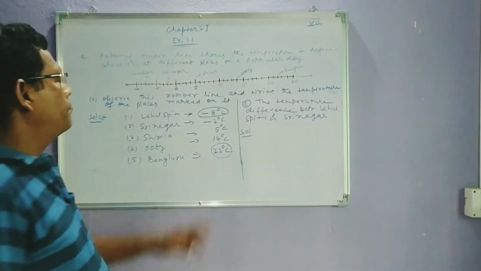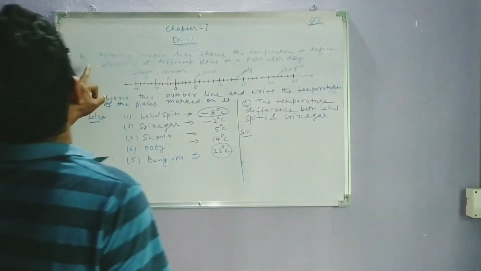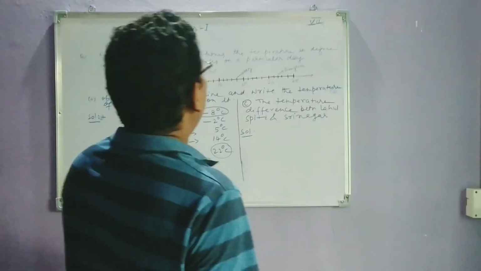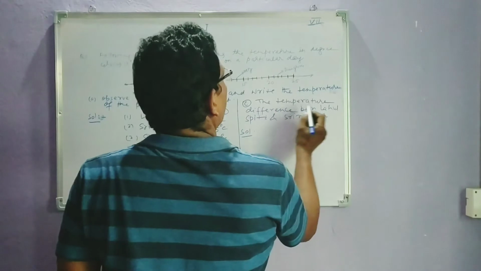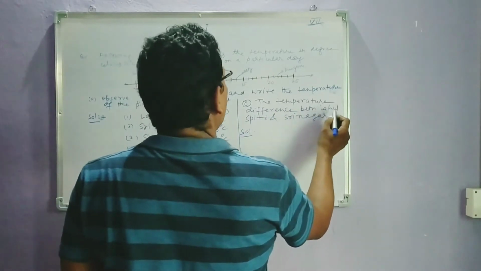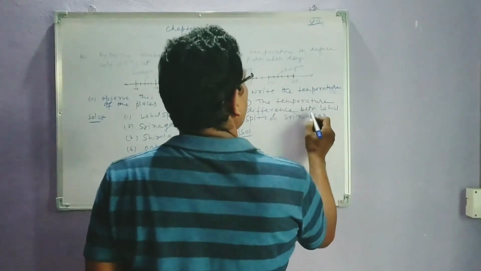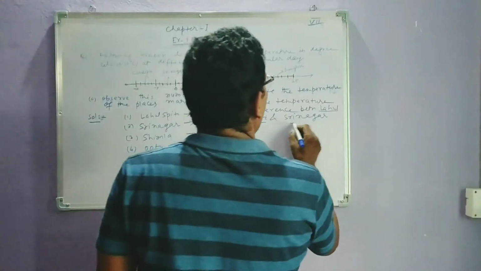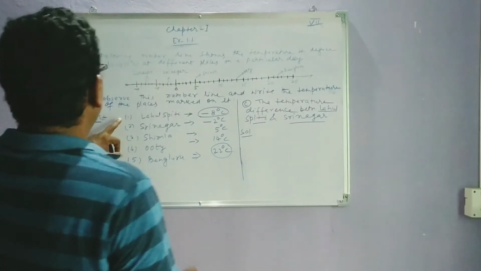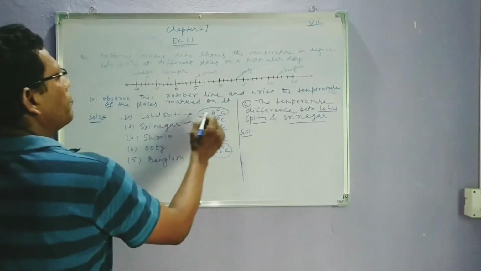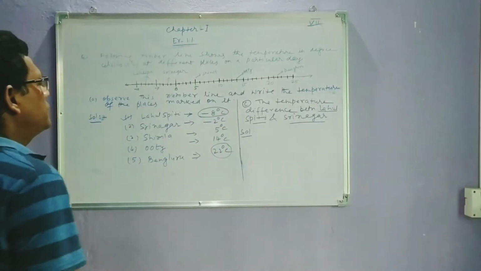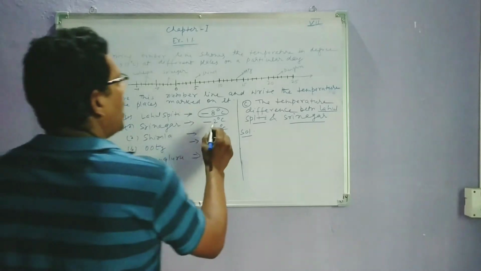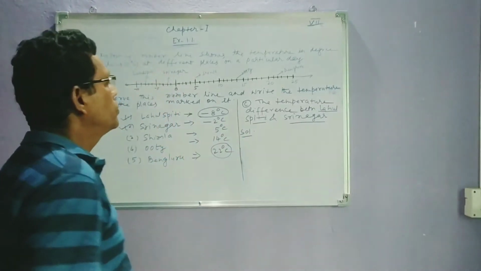Now, part C of question number 1. Part C says the temperature difference between Lahaul Spiti and Srinagar. We have to find out the temperature difference between Lahaul Spiti and Srinagar. So Lahaul Spiti minus 8 degrees Celsius and Srinagar minus 2 degrees Celsius.